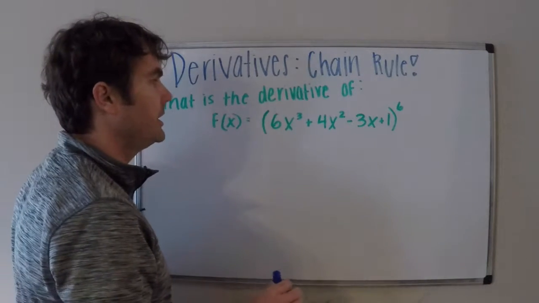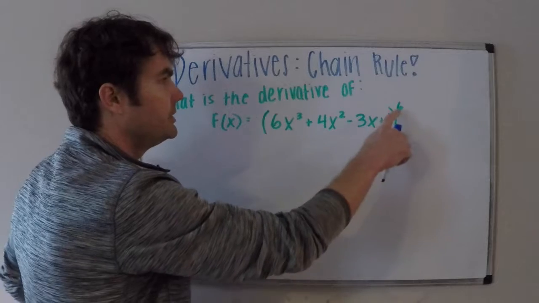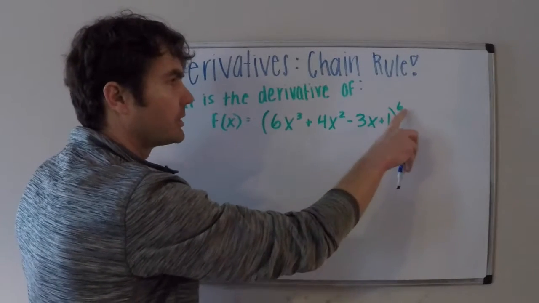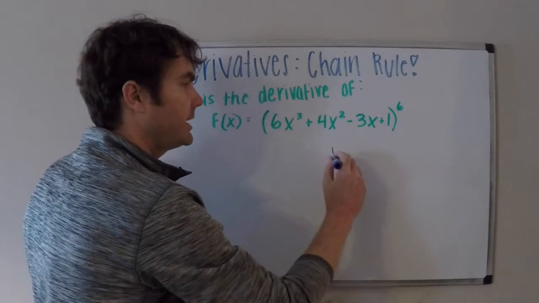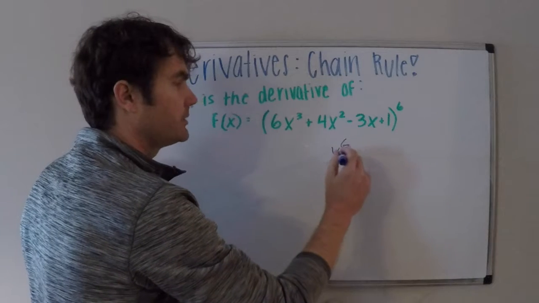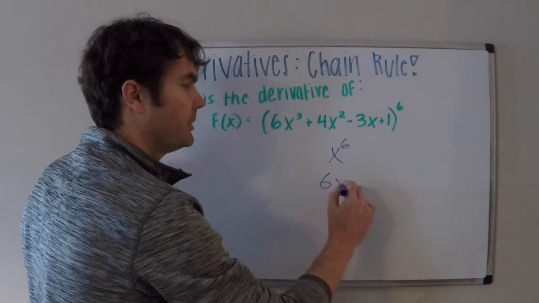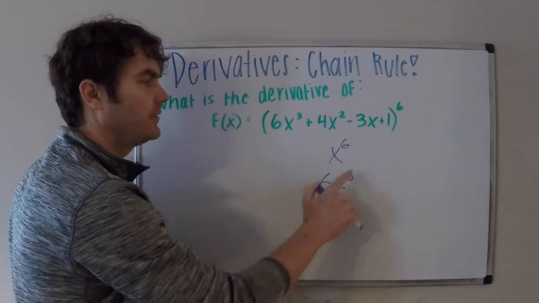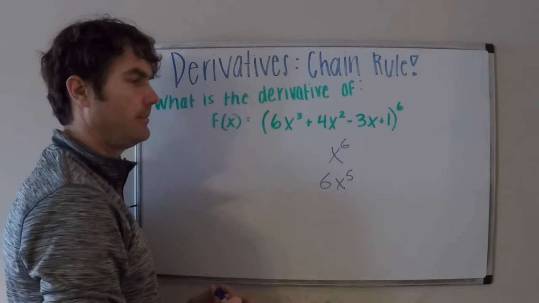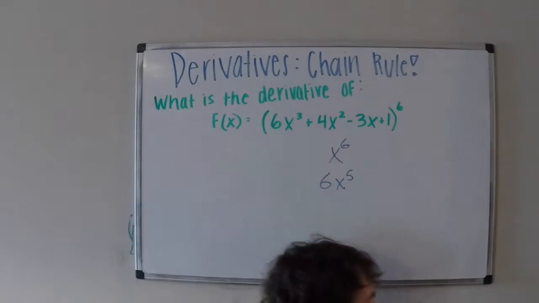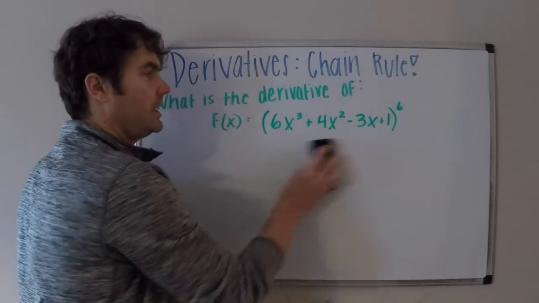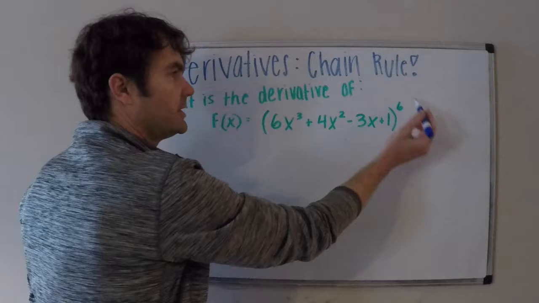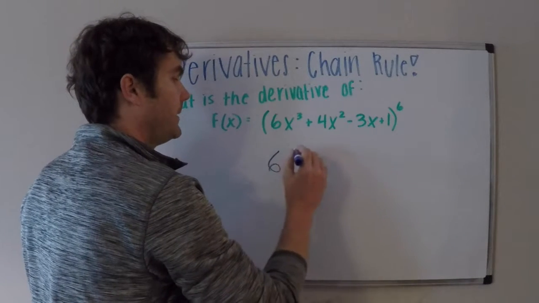What we're going to do is treat this just like power rule. If it was x to the 6, we would take that exponent out front, and that would become 6x to the 5th when we took the derivative. So we're going to take this same 6 out to the front.